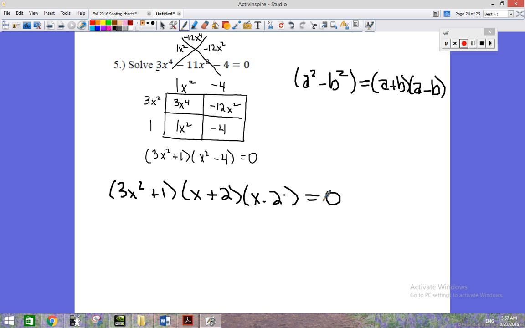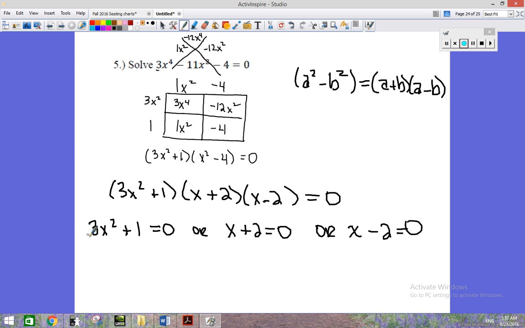So now with this zero product theorem, we have 3x squared plus 1, this factor could be 0, or that x plus 2 is equal to 0, or that x minus 2 is equal to 0. So over here, if we subtract 1 from each side, and divide both sides by 3, x squared equals negative 1/3.